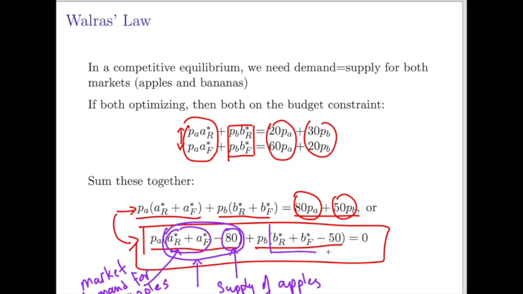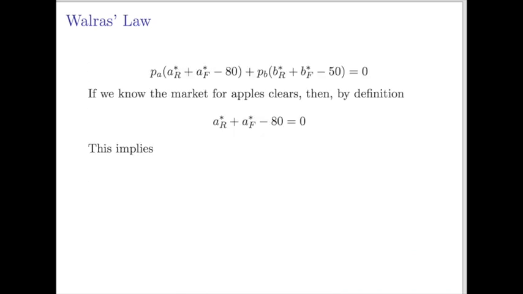Similarly, this part here is excess demand for bananas. So what this equation in the red box says is, if we multiply the excess demand for apples by the price of apples and add to that the excess demand for bananas times the price of bananas, that has to equal 0. So that's what we've got up here.